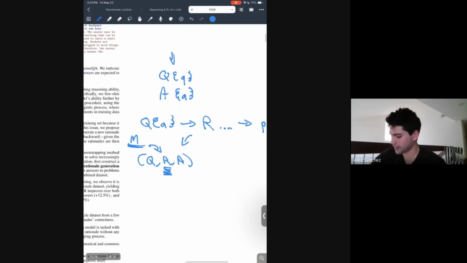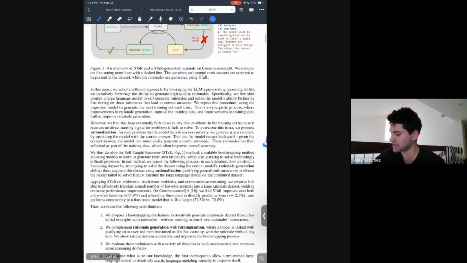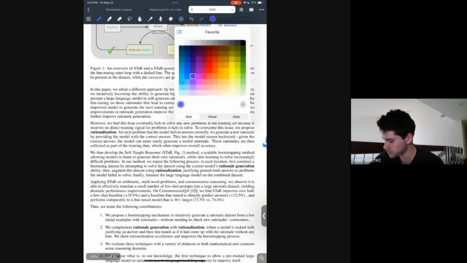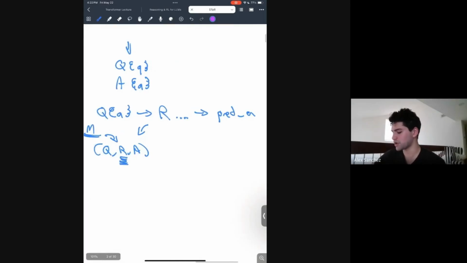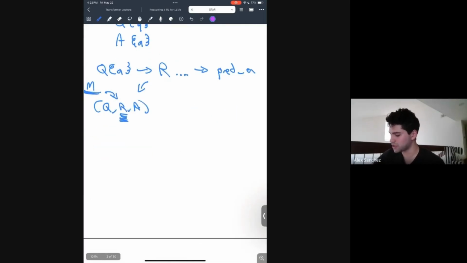And one thing that they do in this paper, actually, that is very important, is that they introduce rationalization. Because here you might be asking yourself, okay, what happens if they predict the answer wrong? You can assume that you can't use this rationale for the data set, because it produced the wrong answer.